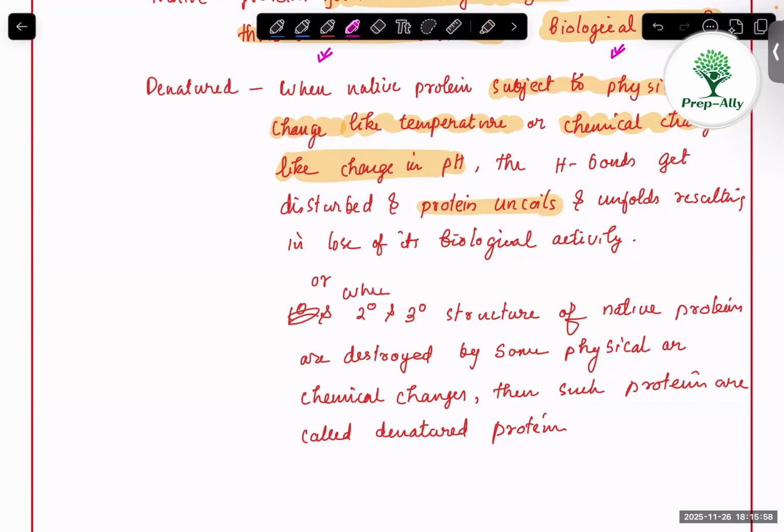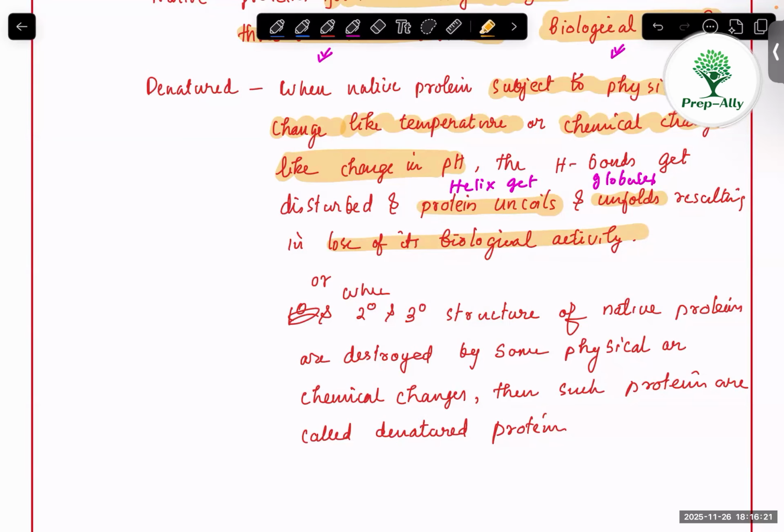Here I can write another point: the helix gets uncoiled, as well as the globules, which are the tertiary structures, will also get unfolded. You can write that sentence in any way. Protein uncoils as well as globules unfold. It will lose its biological activity. Those are the 3 points.